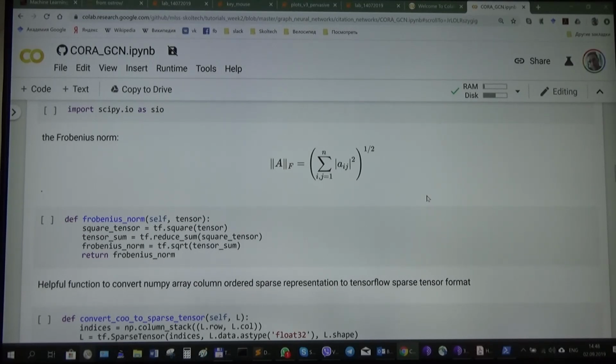For example, images or point clouds or some geometric representation, like a point cloud of a shape, and you can convert it into a graph. So each sample is going to be a separate graph with a separate number of nodes and edges. But usually, if each sample has the same number of nodes, it makes things much easier because you can represent them just as matrices or something like that.